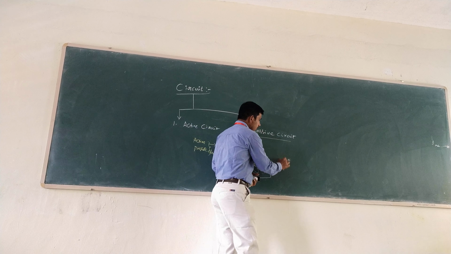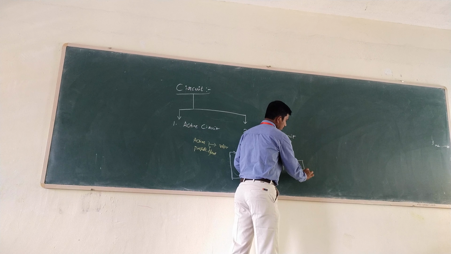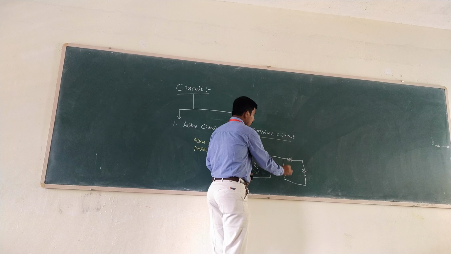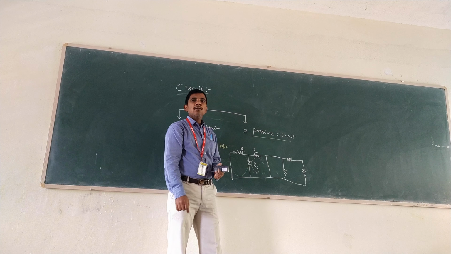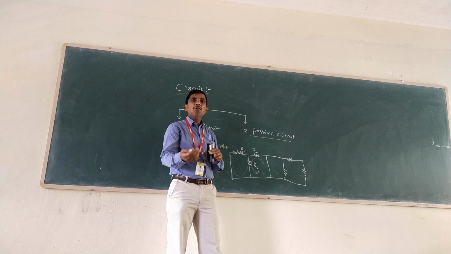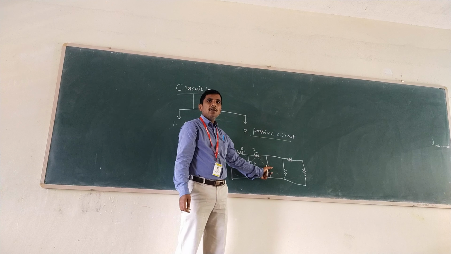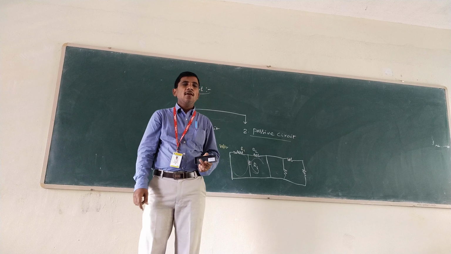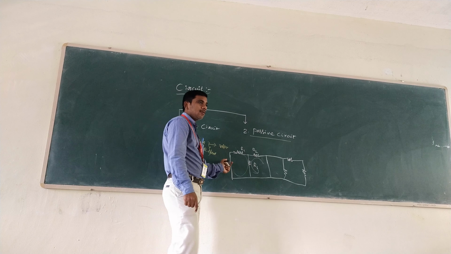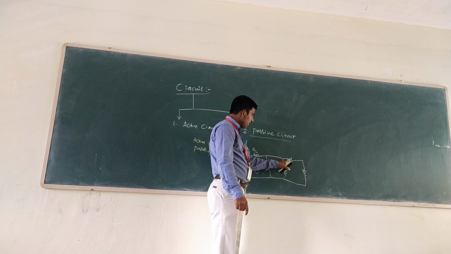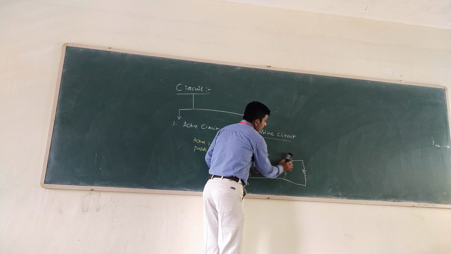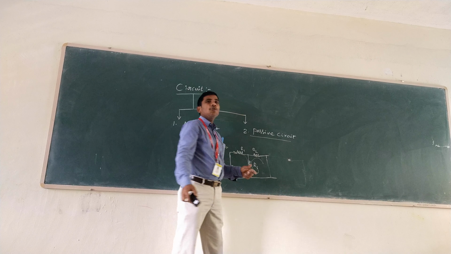Suppose another circuit, a passive circuit, is connected, then it is a network. Interconnection of various circuits is called a network. A network may be a circuit, and a circuit may be a network.